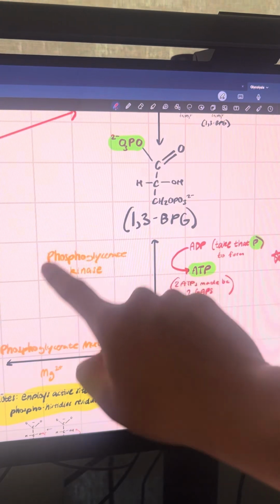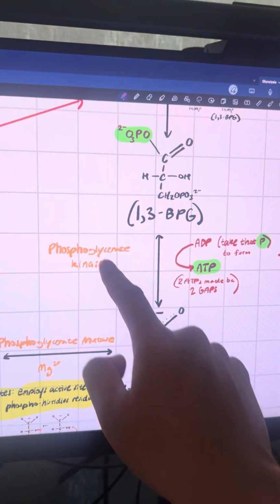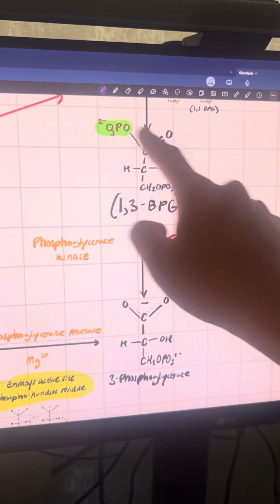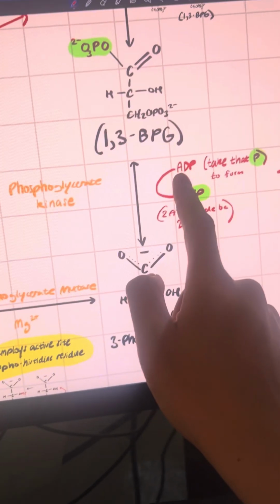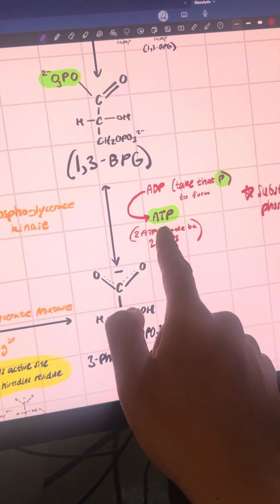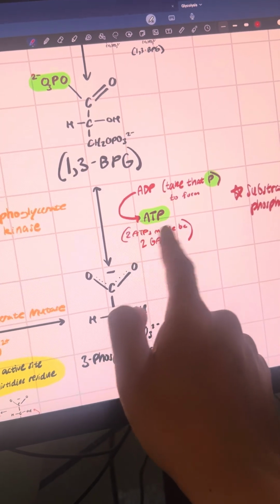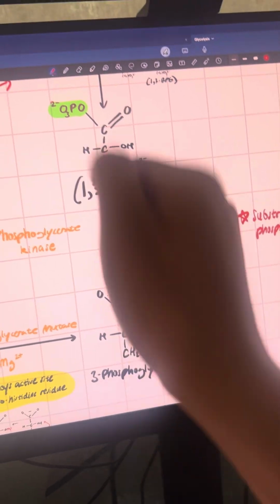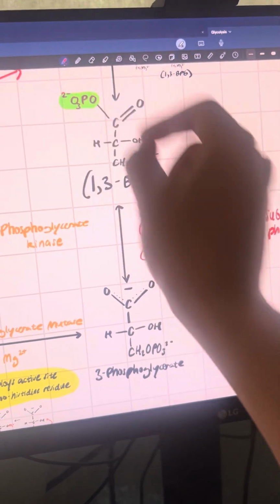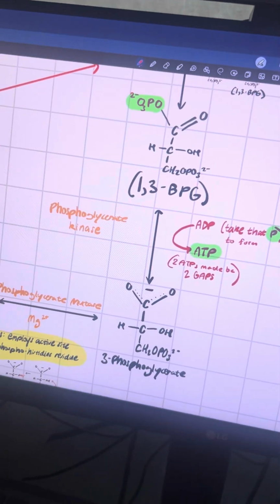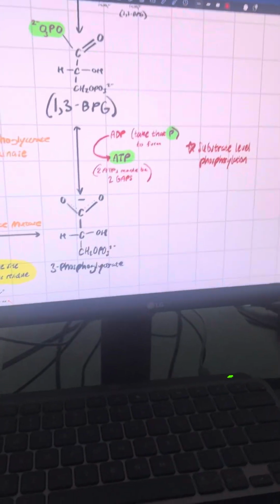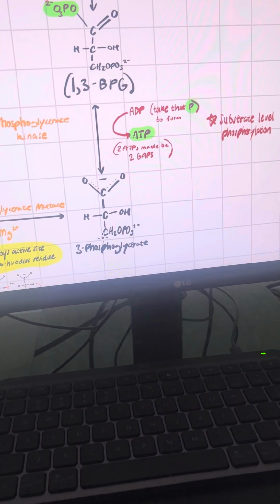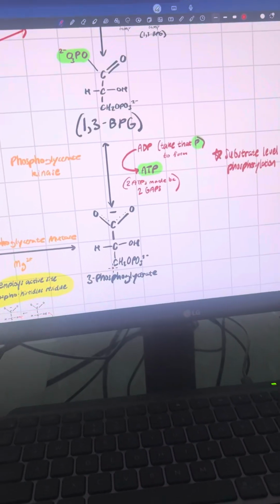Phosphoglycerate kinase is transferring this phosphate to the ADP, so you're phosphorylating the ADP. Now you have ATP. You're using the substrate to make ATP. We call it substrate level phosphorylation because there are other ways to make ATP, and you'll see that later in the electron transport chain. That's the main way of making ATP. This is very small.